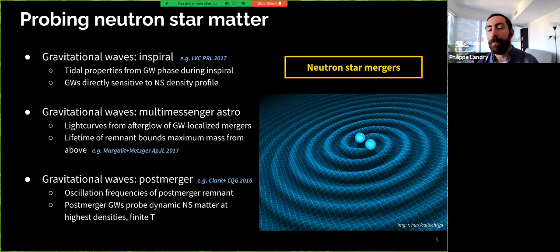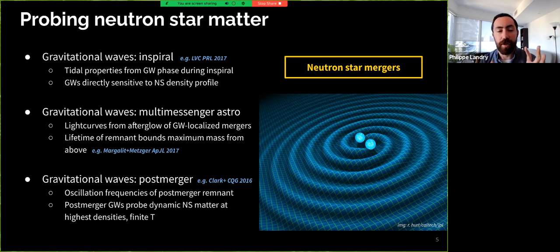One example is based on the electromagnetic emission after the first observed binary neutron star merger, GW170817. We were able to bound the lifetime of the remnant from this merger, which collapsed to a black hole. And that lifetime translates to an upper bound on the maximum mass of a neutron star.